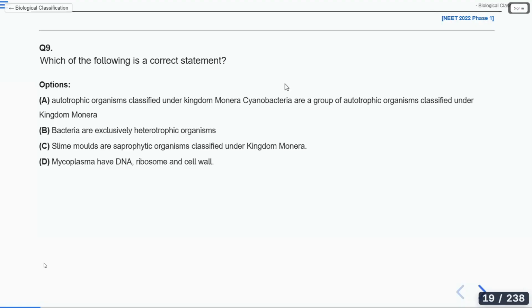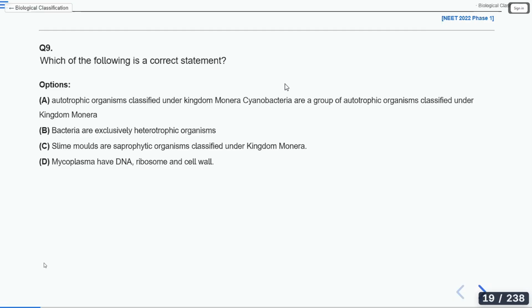Is it option A or option B? Slime molds come under which group? Slime molds and dinoflagellates are different, right? Slime molds are fungus-like, and they are saprophytic protists.